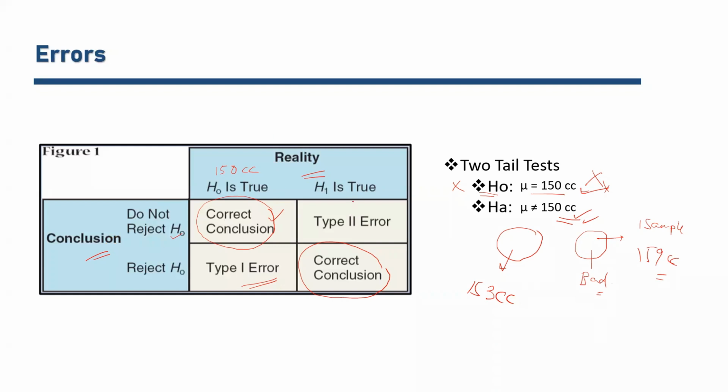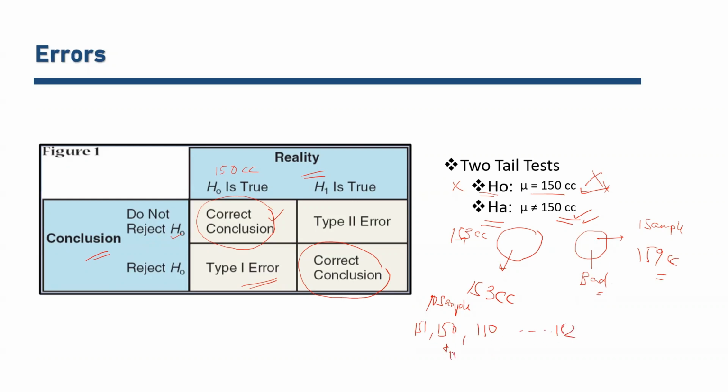The type 2 error is where in reality the machine was producing, say, 153 cc. The mean of the production was 153 cc, but you took a sample of, for example, only 10 samples, and your sample is always based on chance. So you took some data with, say, 151, 150, 150, and so on, 152.